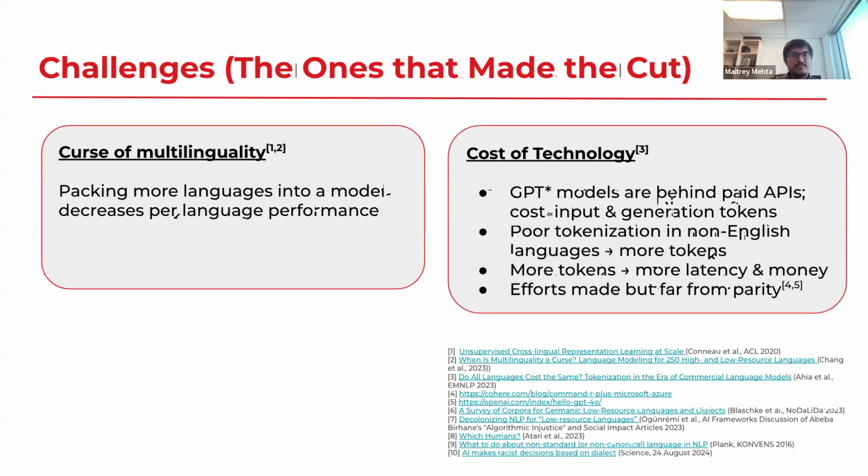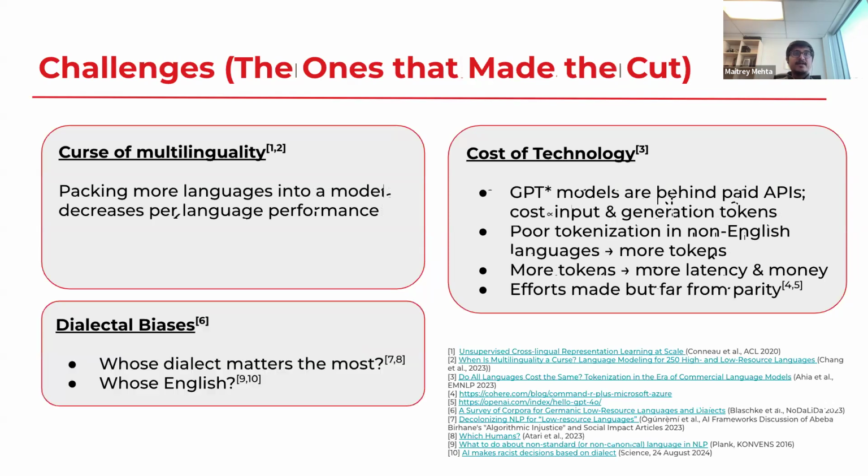So the cost of accessibility for languages that are low resource is much higher than, let's say, for English, right? And there are people who are working on it. There are improvements that are being made. OpenAI is working on that, right?